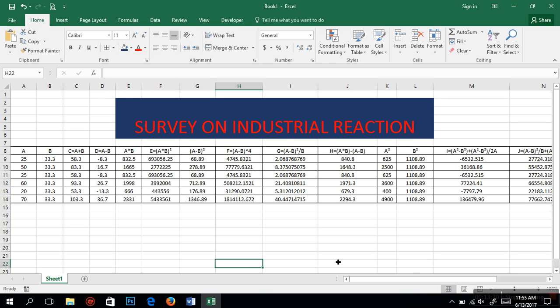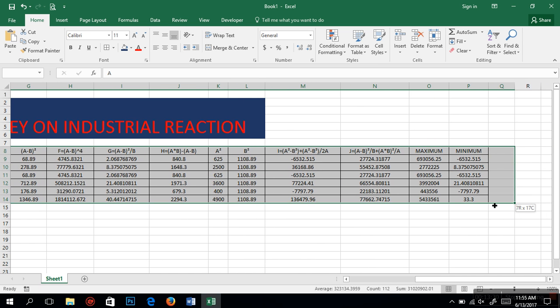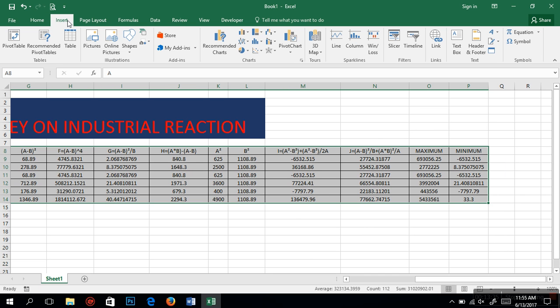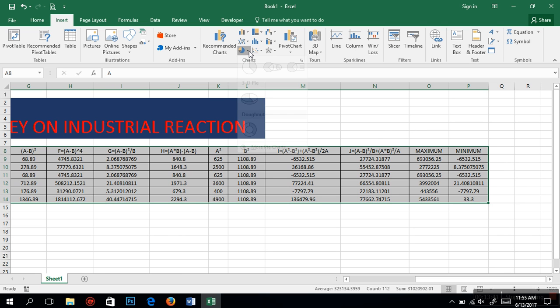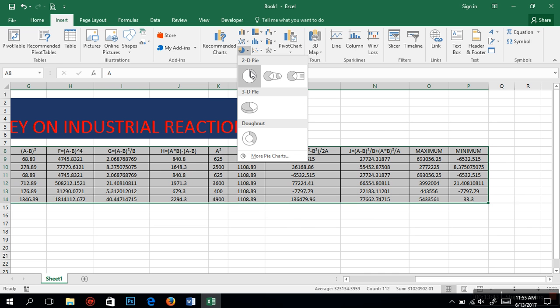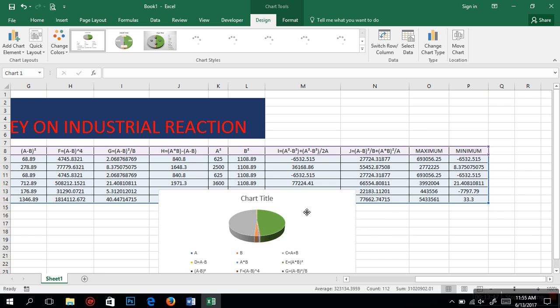Good. Now next thing we'll look at is plot a well labeled pie chart. What I'm going to do to plot the pie chart, I will highlight everything I want to see on my chart. Highlight all, go to insert. This is a pie chart. Click maybe this type of pie chart.